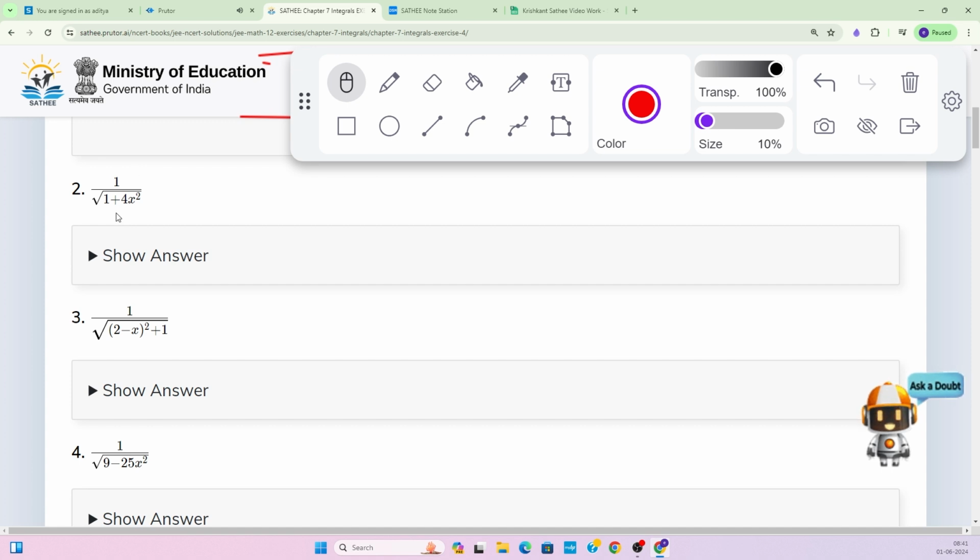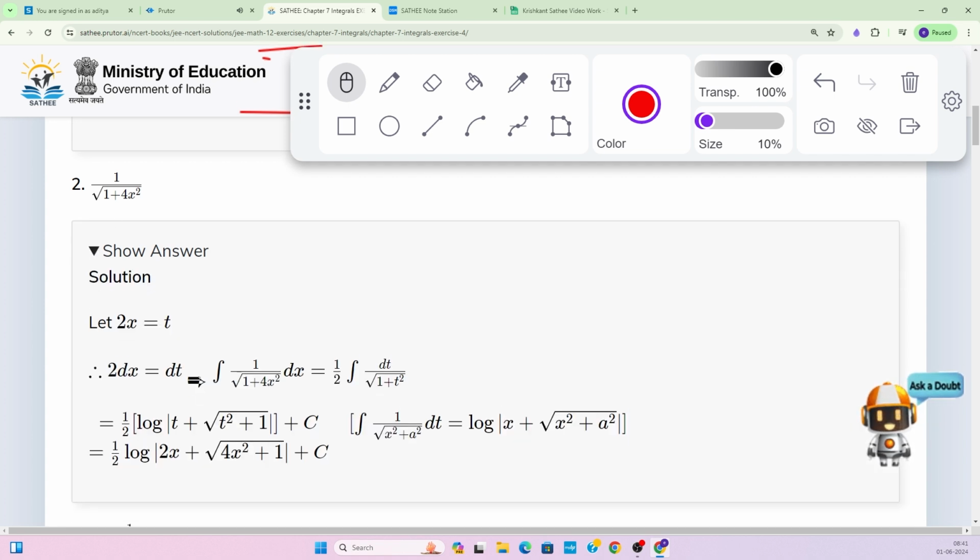Now 1 by root of 1 plus 4x square. Now remember the form that we learned about integration of 1 by root of a square plus x square form. So we will be using that. Here you can see 1 square will be 1, so 1 square plus 2x whole square.